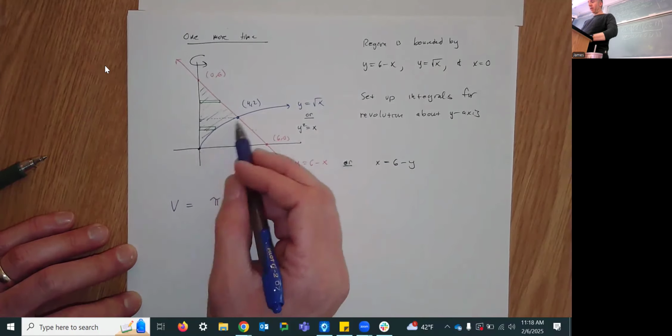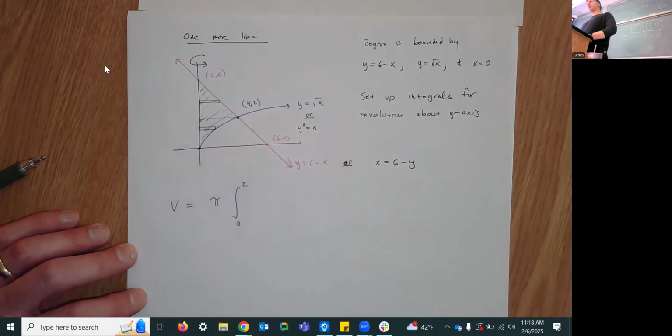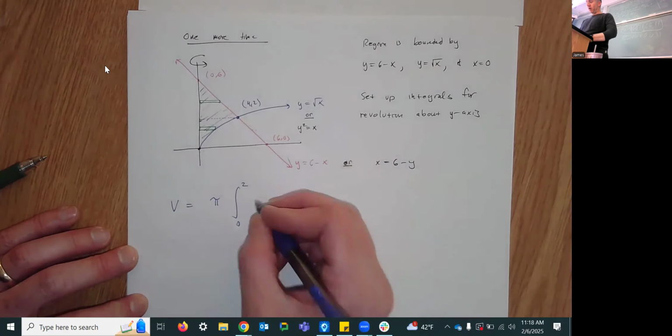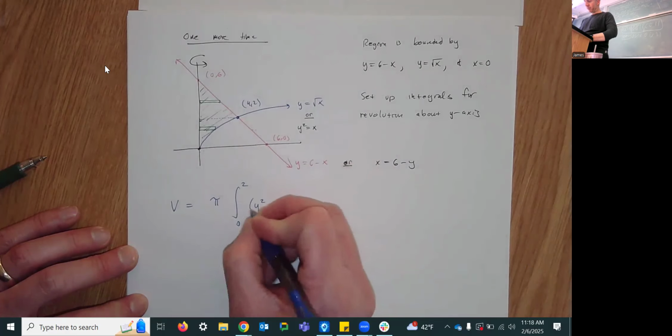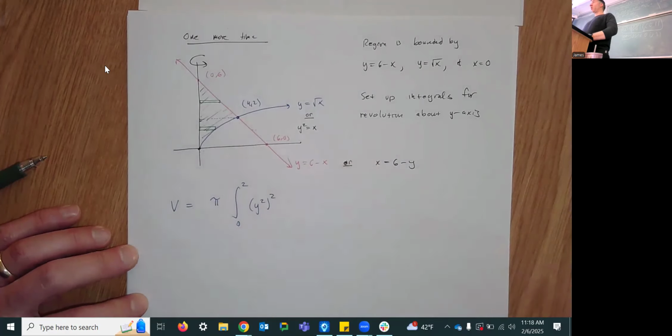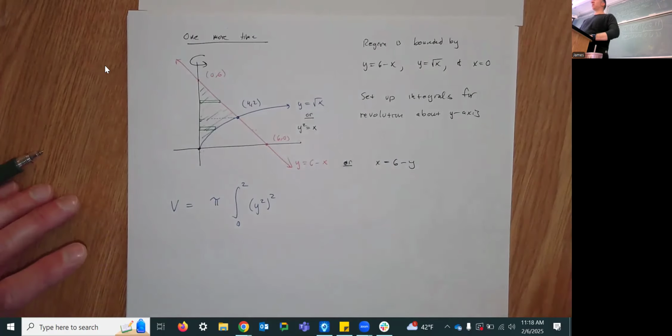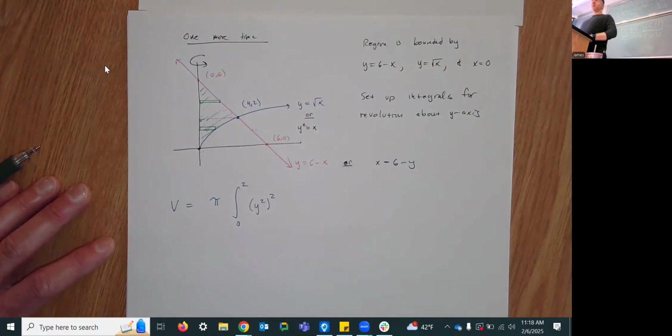My outer radius, actually my only radius, because they're both disk method problems, is x equals y squared, and my inner radius is 0. That's technically true, which is really what makes the washer method the same as the disk method. The disk method is just the washer method where the inner radius is 0.